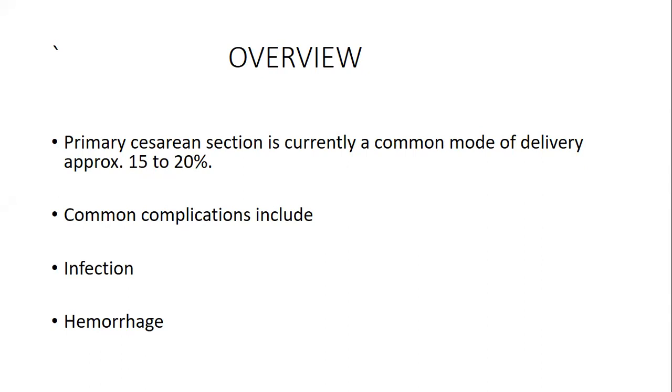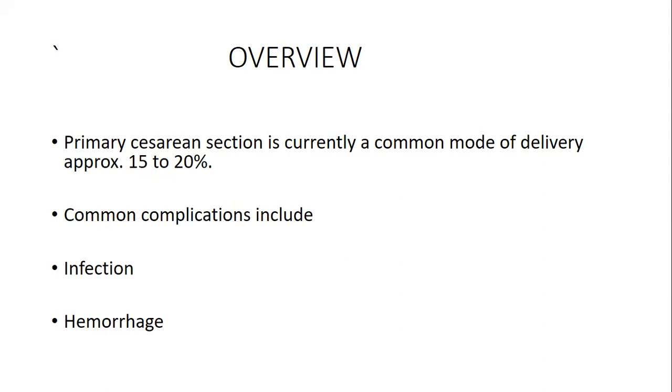And while they are doing that, some common complications may arise while such a procedure is being done. One, you can have infection. Remember, one of the golden rules in the theater is that there must be an aseptic environment so that there is no infection or any contamination of instruments.